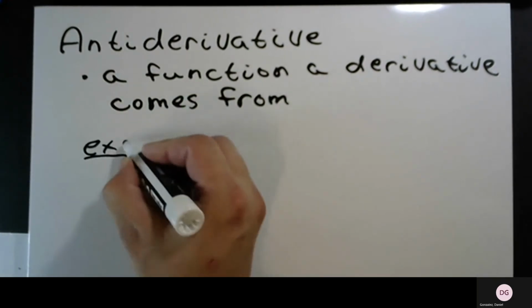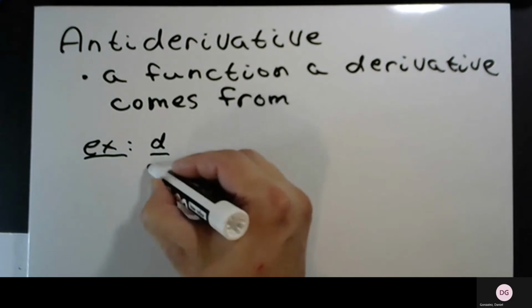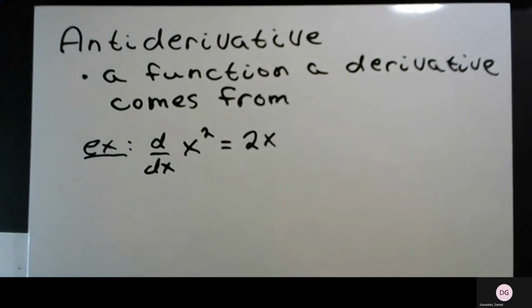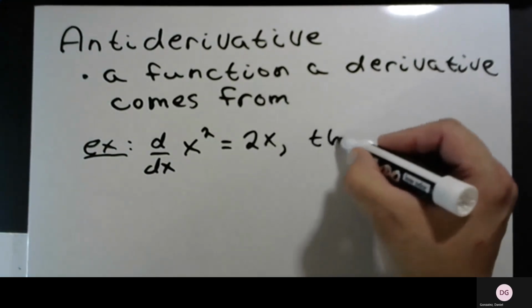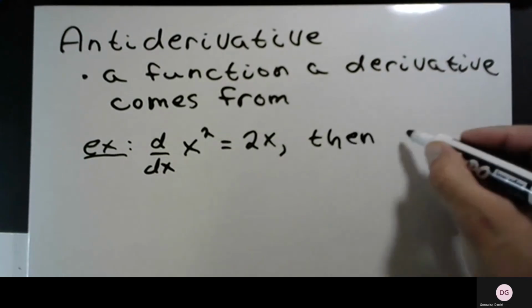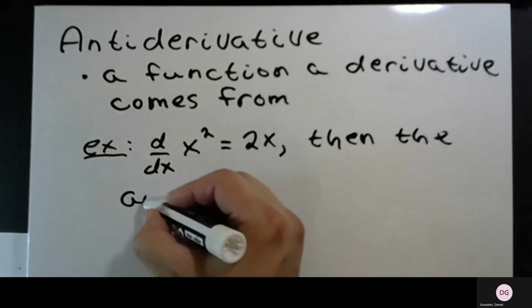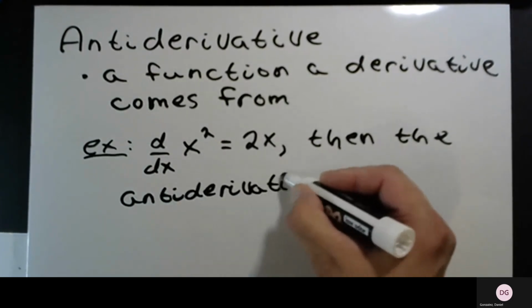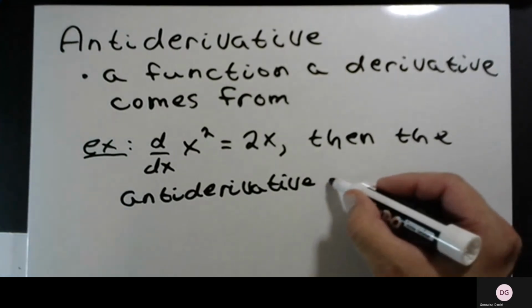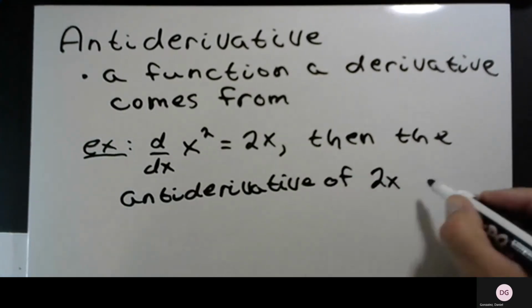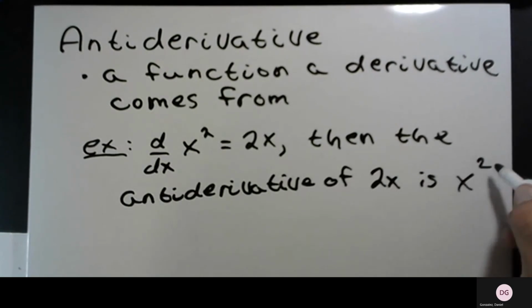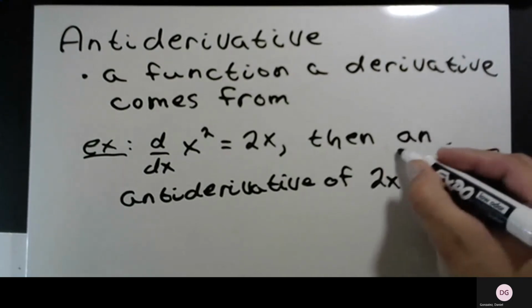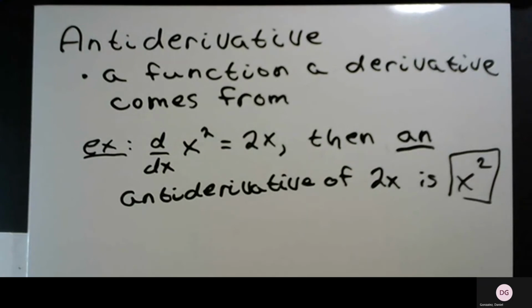So for example, since the derivative of x squared is 2x, this derivative comes from some function, then an antiderivative of 2x is x squared.